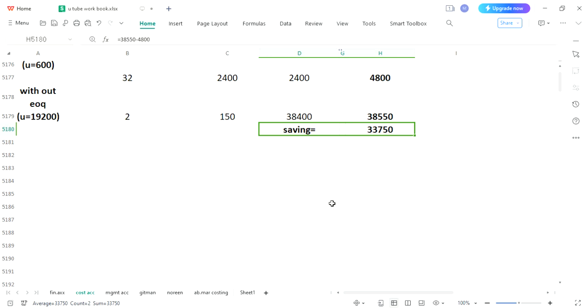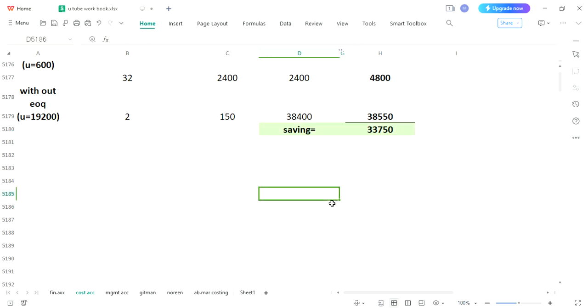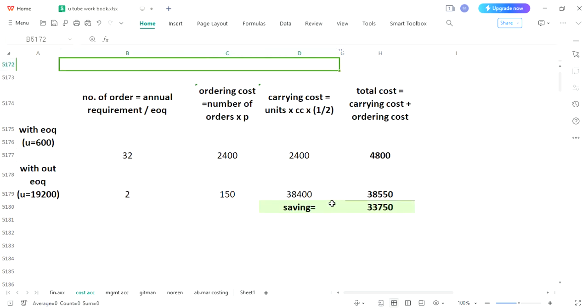At this stage, I'm requesting you to please review this question, how we have calculated the saving. With economic order quantity and without economic order quantity, you have calculated ordering and carrying cost, then total cost. Total cost, if you follow economic order quantity, is 4,800. Total cost, when you are not applying the economic order quantity concept, you have to pay 38,550. Huge saving you are making, 33,750.